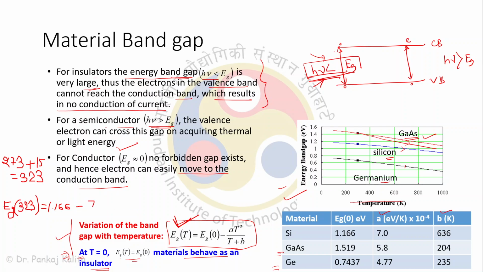It's 7, into, what is the value of T? 323 squared upon 323 plus, what is the value of b? 636. Now calculate it.